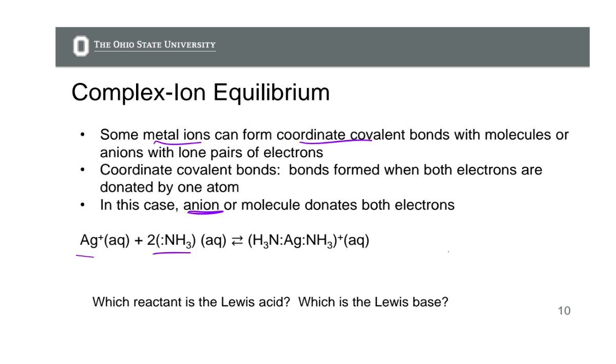So the complex ion is essentially a larger type of molecule than what we've really been working with. Oftentimes we write its formula in brackets, or parentheses are fine, and then it's going to have a charge. So it's an ion, it's going to have a charge.